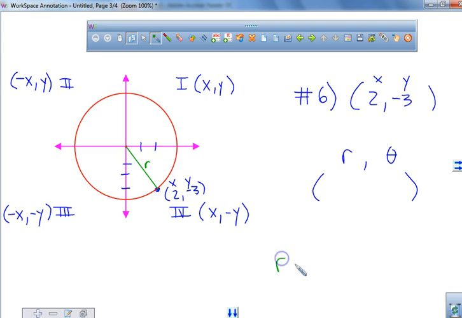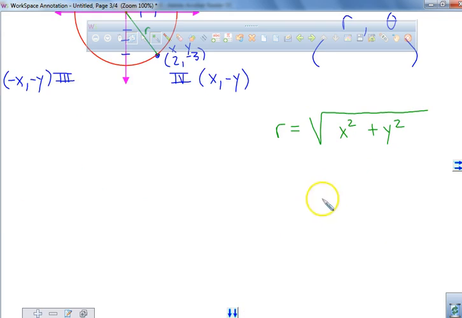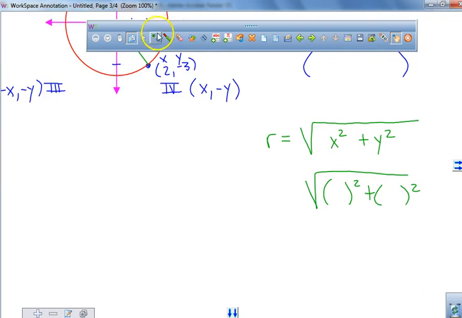Just remember, r is going to be the square root of x squared plus y squared. So we take the square root of x squared plus y squared, plugging in 2 and negative 3.